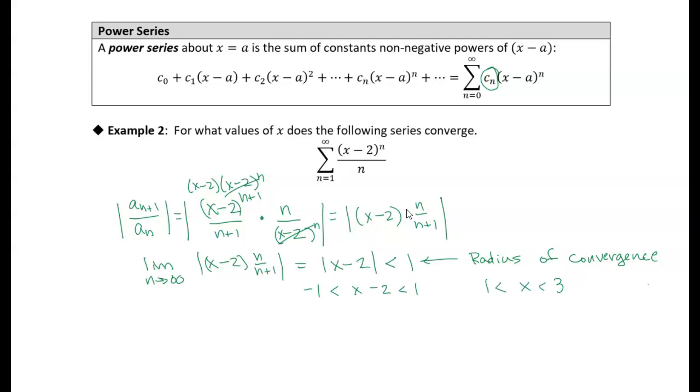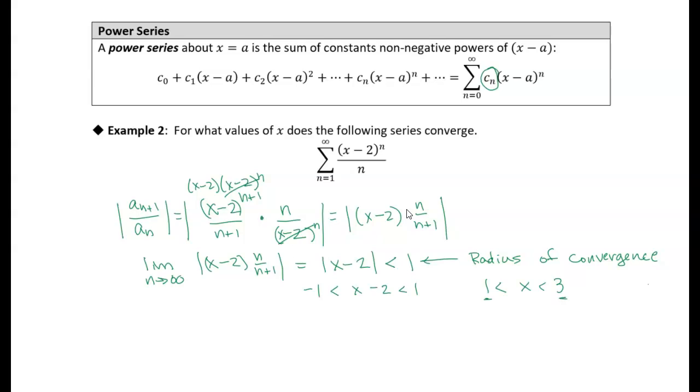So now, but we're not quite there. So remember that the ratio test is inconclusive when this absolute value of x minus 2 is equal to 1, okay, when the limit is equal to 1. So we're not really sure about these endpoints.